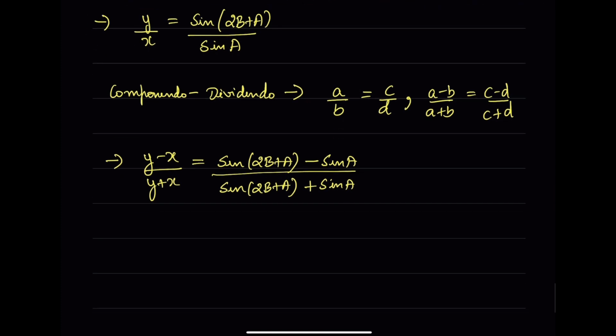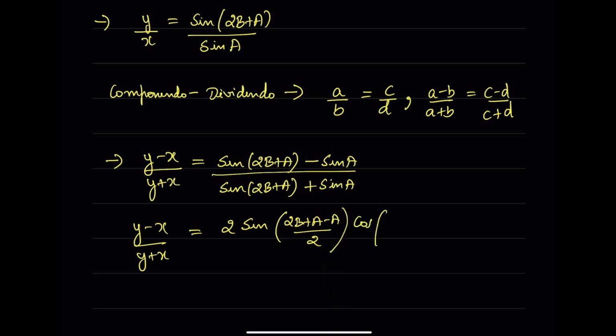Now we are going to apply the formula of sine of c minus d and sine of c plus d. So let's write that as y minus x by y plus x will be equal to, now sine c minus sine d is 2 sine c minus d by 2, so 2b plus a minus a by 2, and cos of c plus d by 2, which will be 2b plus a by 2.